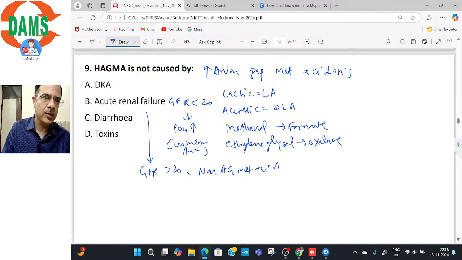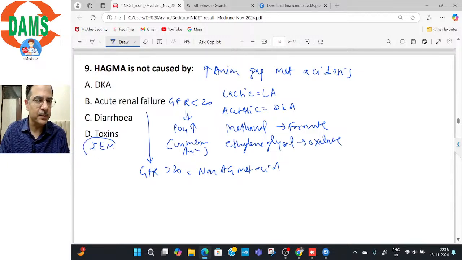If it is causing renal failure, then it will lead to a high anion gap metabolic acidosis.